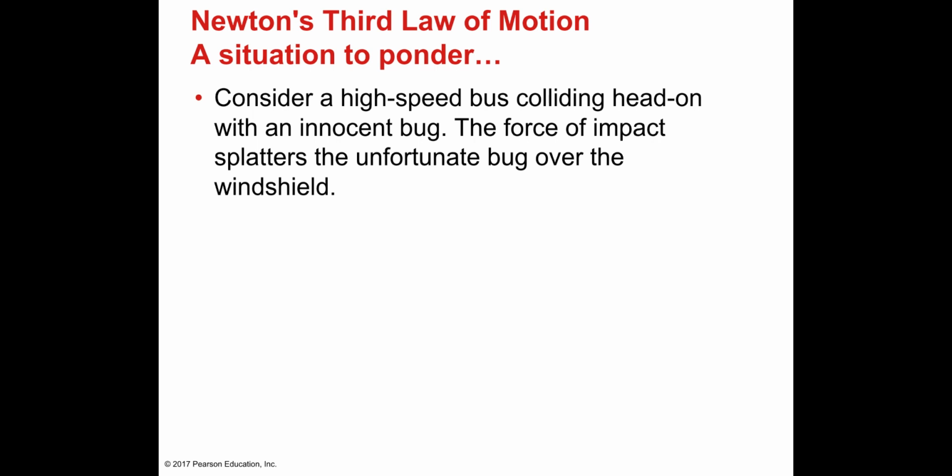Because it has a very small mass, it will have a very small inertia, if you remember Newton's first law. And so the bus will splatter the bug, not because the bug didn't apply a force on the bus, but because the bug has a small mass.